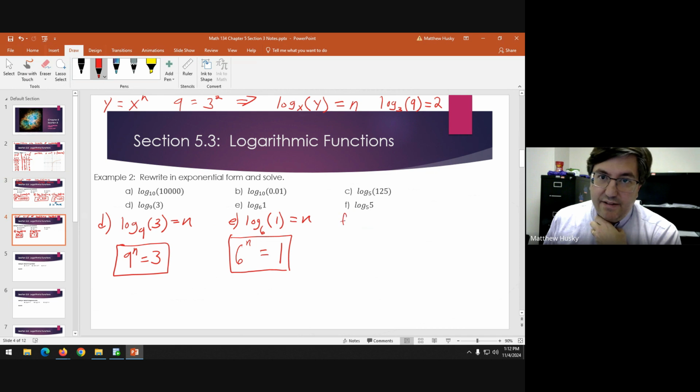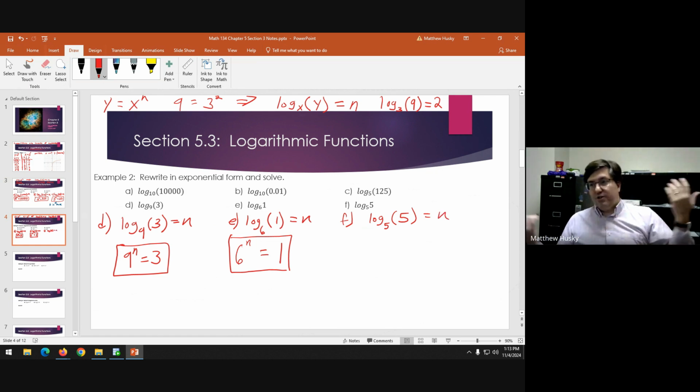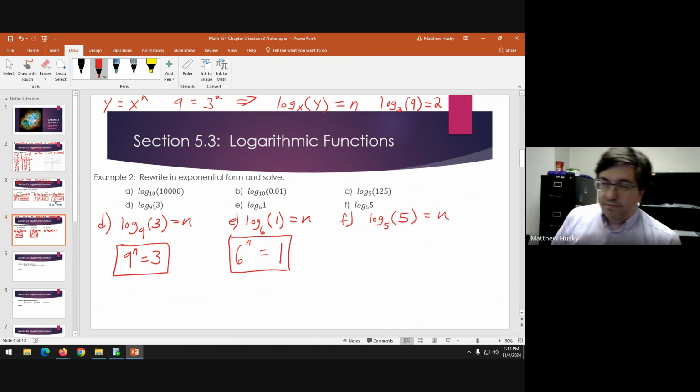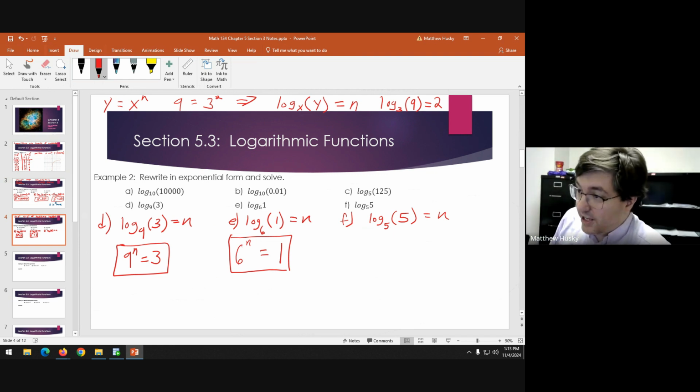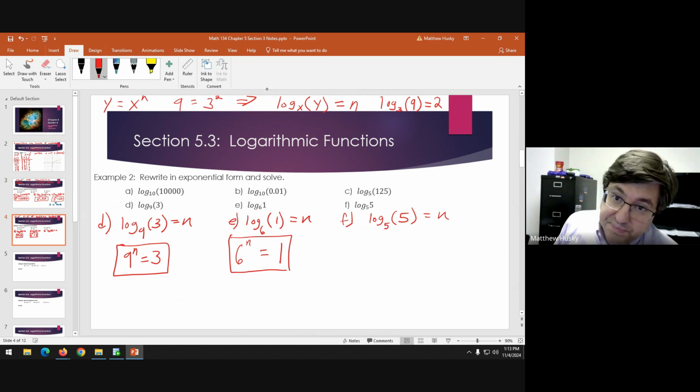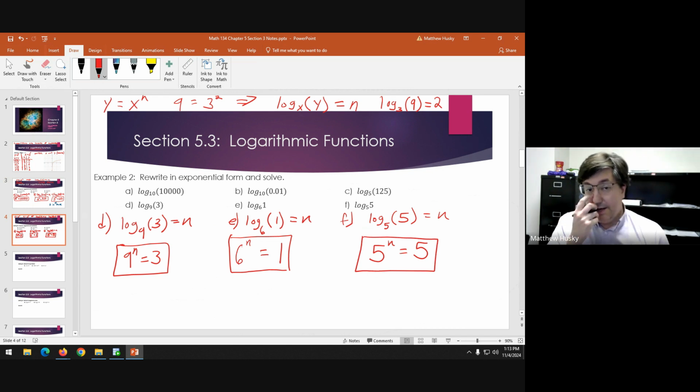Finally, for part F, we have log base 5 of 5, and that is equal to n. Again, just an arbitrary value to be a placeholder for the exponent. The base is 5, 5 to the n power. That is equivalent to 5, because that is the thing inside.